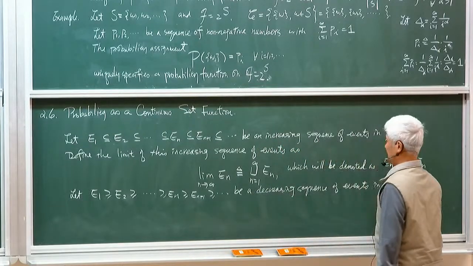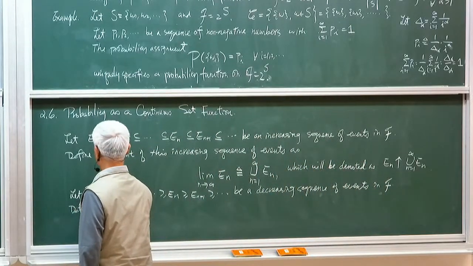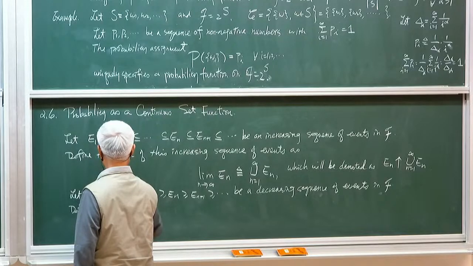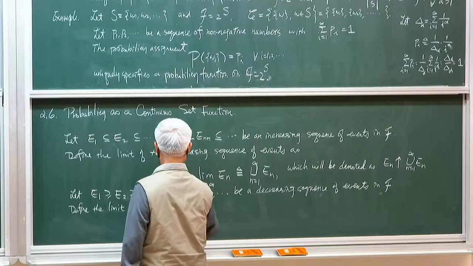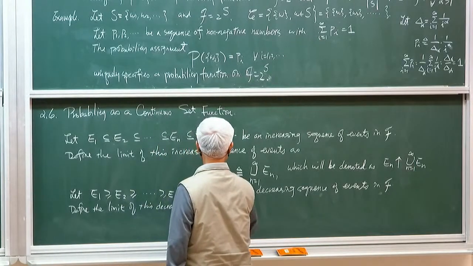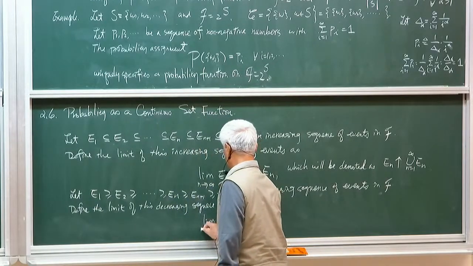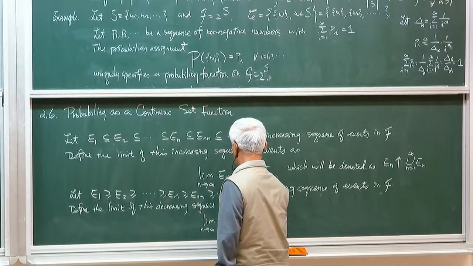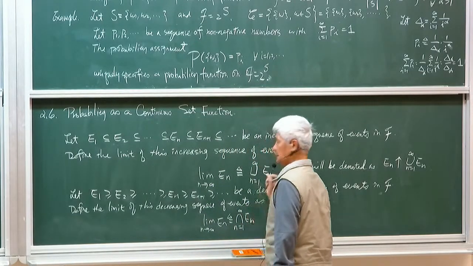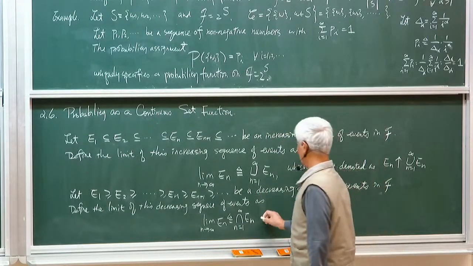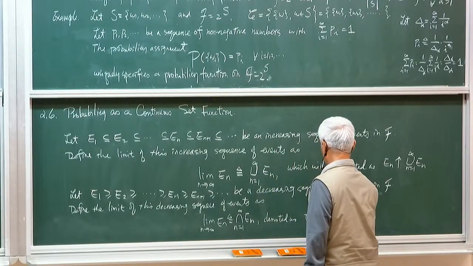For a decreasing sequence of events, we define the limit as n goes to infinity of En to be the intersection, denoted as En going down.